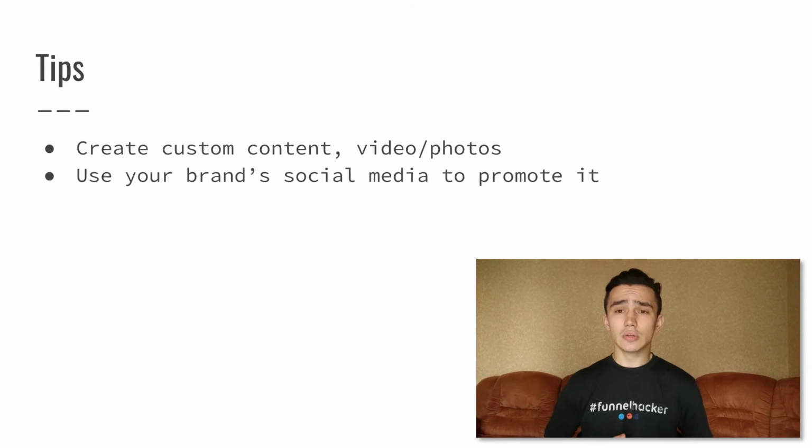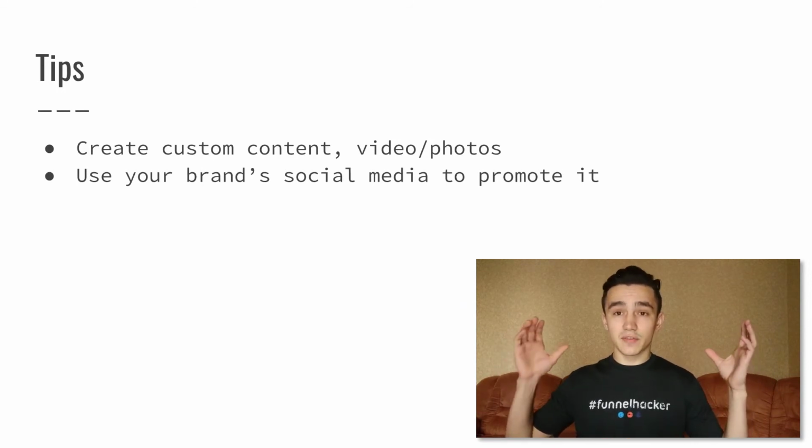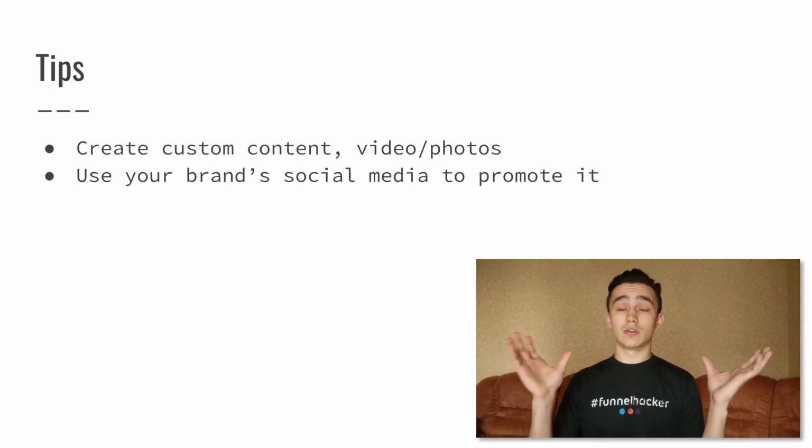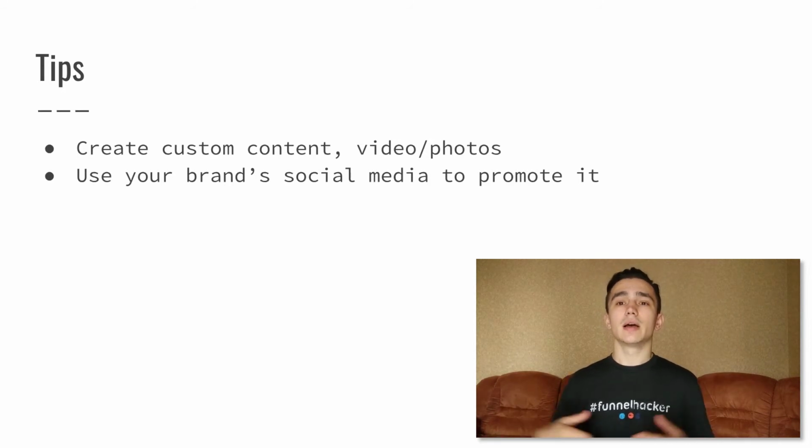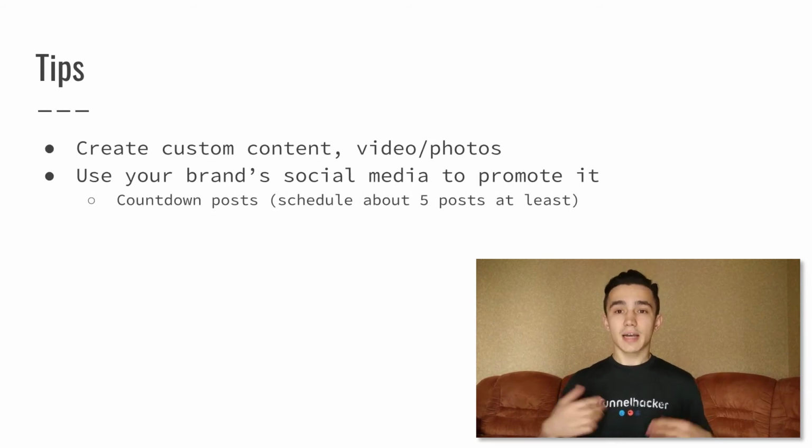And then use your brand's social media to promote it. As I mentioned, you have these platforms and don't forget about them. Besides your email list, you have social media as well, where you can notify people about your promotion, and then you can have countdown posts.